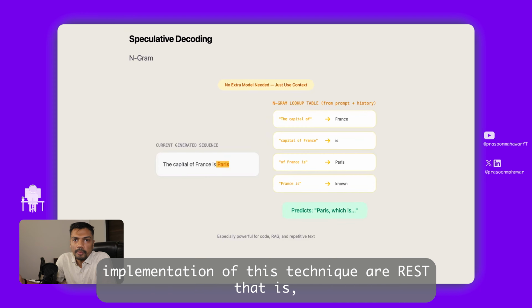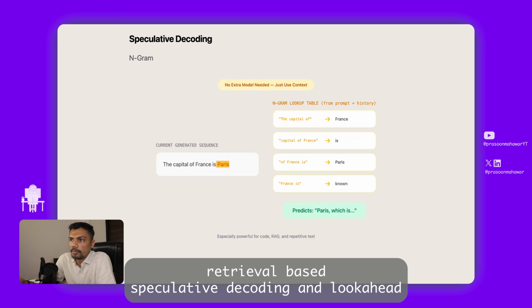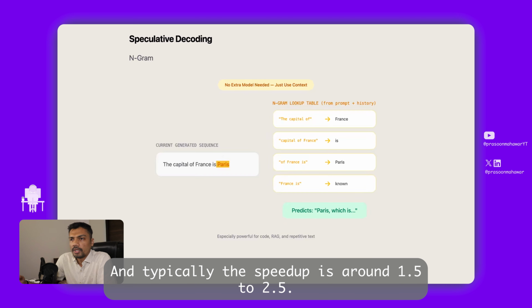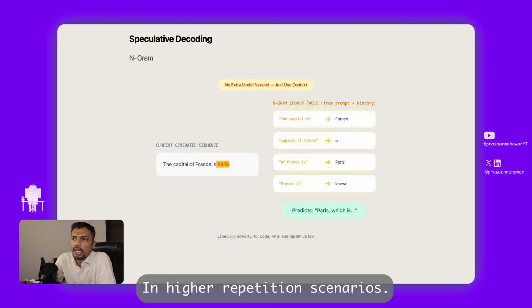Famous implementations of this technique are REST, that is retrieval based speculative decoding, and lookahead decoding, as well as Hugging Face's built-in n-gram speculative decoding. Typically the speed up is around 1.5 to 2.5 times in high repetition scenarios.